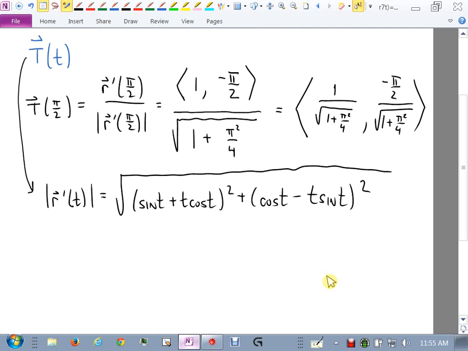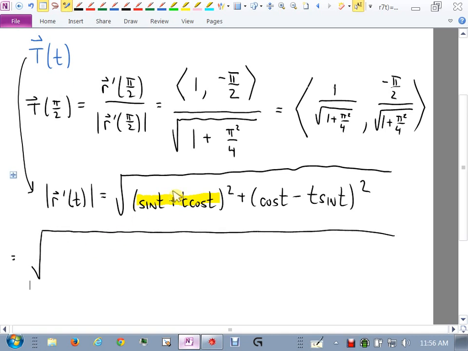Why am I thinking maybe this won't be so bad? Because I do have the Pythagorean identity: sine squared t plus cosine squared t is 1. And I'm pretty sure I'm going to get some of that to happen in here. So let me first square this one.